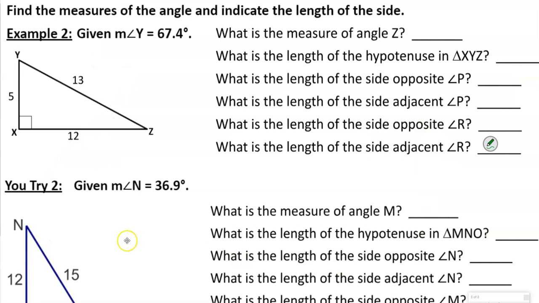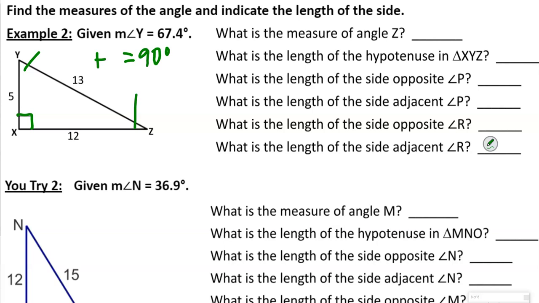Pretty easy. All right, so then it says, find the measure of the angles and indicate the length of the sides. Okay, so earlier we talked about these two. This angle's 90, right? So when I add these two up, what do they have to be? Don't they have to add up to 90? So this is what we can do.